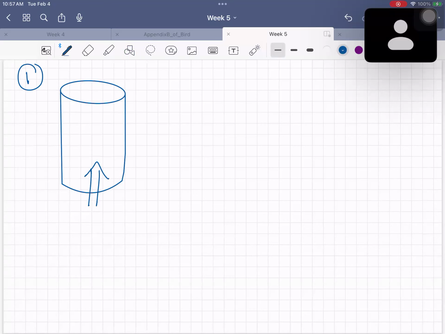Let's go through this together. If it's flowing from the bottom to the top, how are you going to define your coordinates? Like this, similar? Or here, number 1 or number 2?